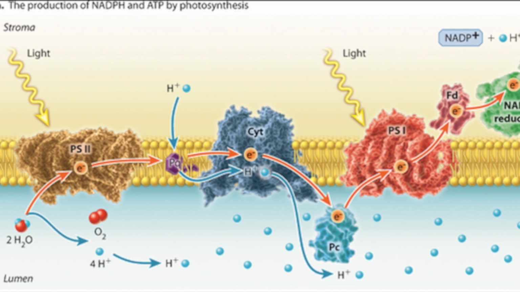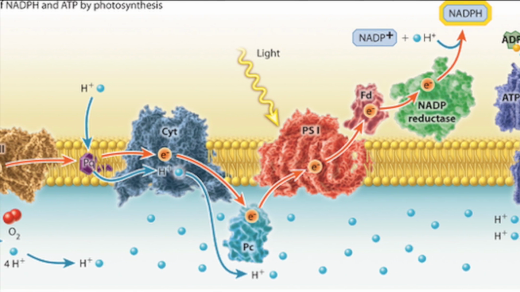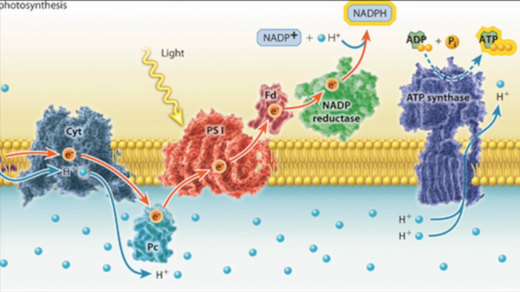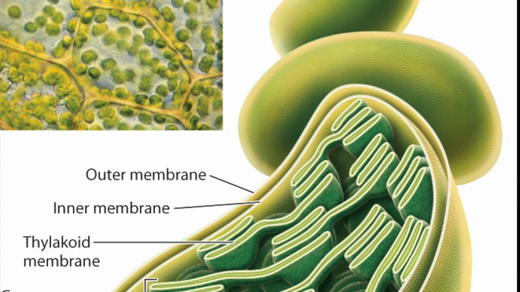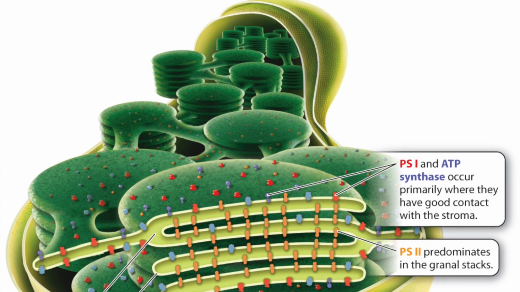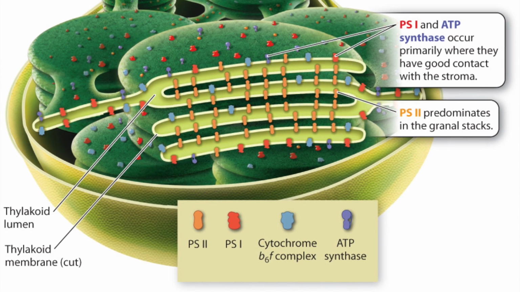The photosynthetic electron transport chain is when electrons are transferred and protons are pumped to create ATP via the ATP synthase. The photosynthetic electron transport chain is embedded in the thylakoid membrane and all of the reactions take place in the lumen.